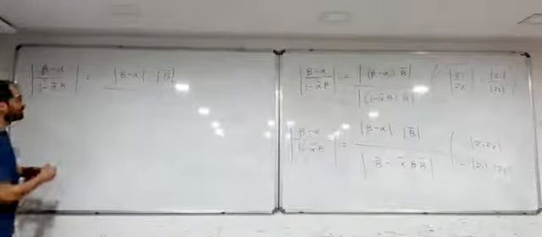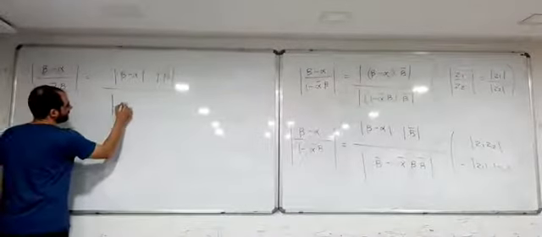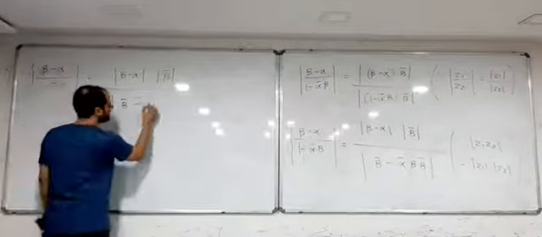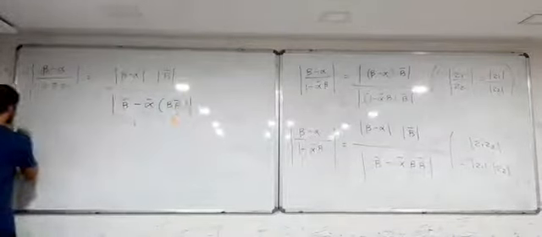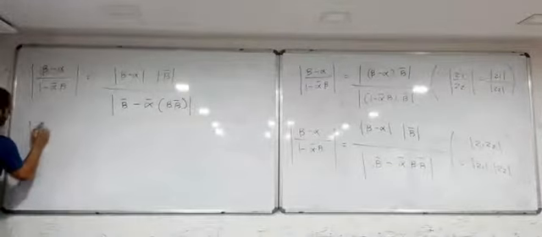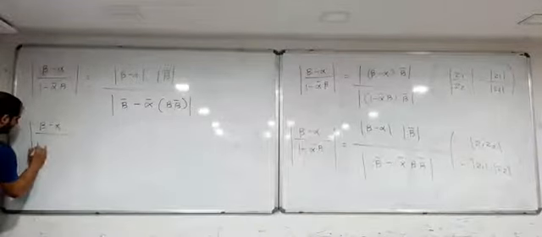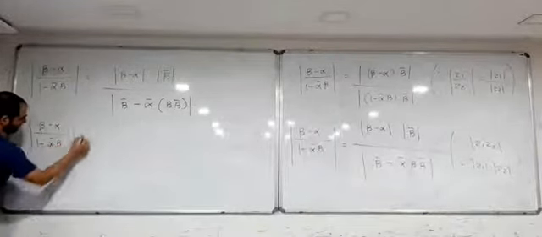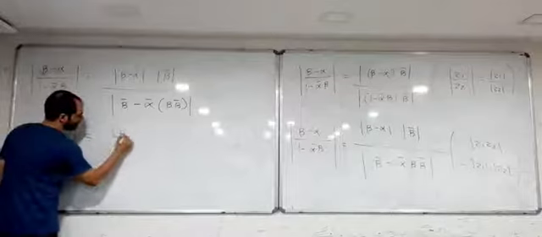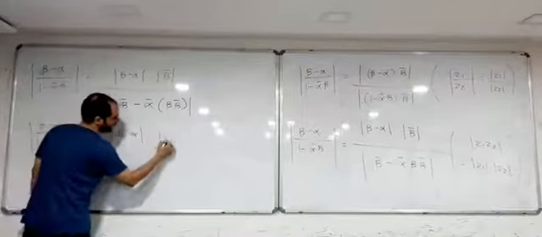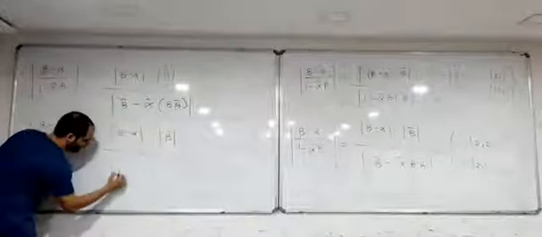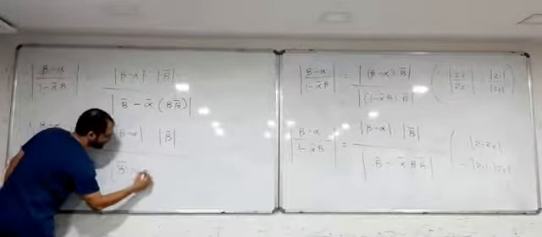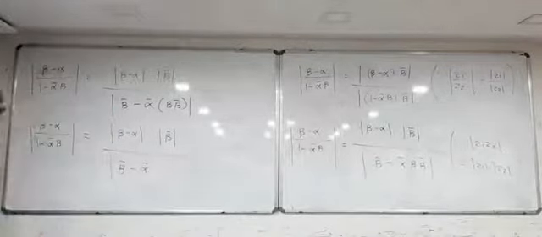And how will you write the bottom? Beta bar minus alpha bar into beta bar. So the magnitude of (beta minus alpha) upon (1 minus alpha bar into beta) is equal to magnitude of (beta minus alpha) into magnitude of beta bar, whole upon magnitude of (beta bar minus alpha bar), the conjugate of beta minus alpha bar.